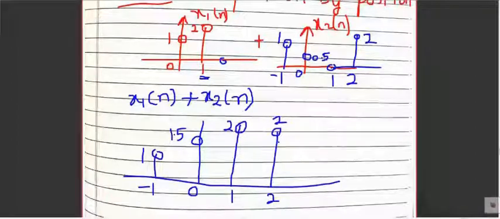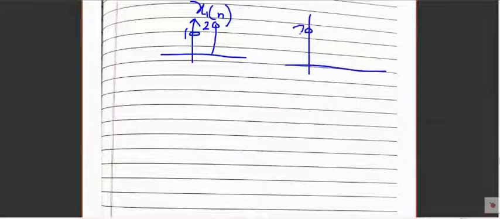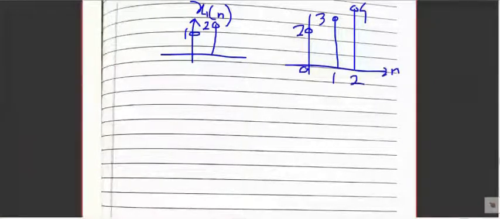For example, x1n is 1, 2, 0 and x2n is 2, 3, 4 at positions 0, 1, 2. The X axis is n. Now we have to do the multiplication.